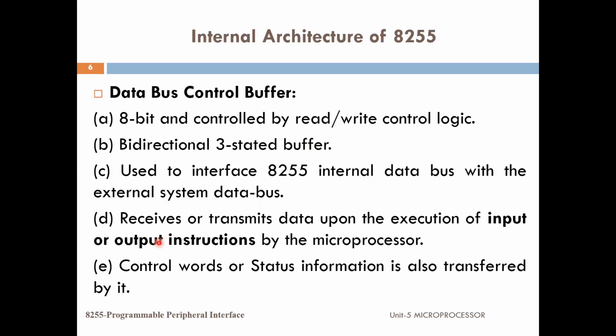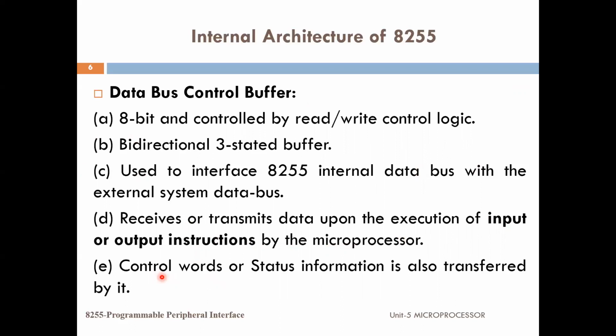It is responsible for receiving and transmitting the data upon the execution of input and output instructions by the microprocessor. In the previous lecture, I told you that programming needs to be done for this 8255 with the help of software which contains the program, and within that program we write certain input and output instructions through which we can perform the read and write operations so that the data exchange can take place between the microprocessor and the peripheral devices.